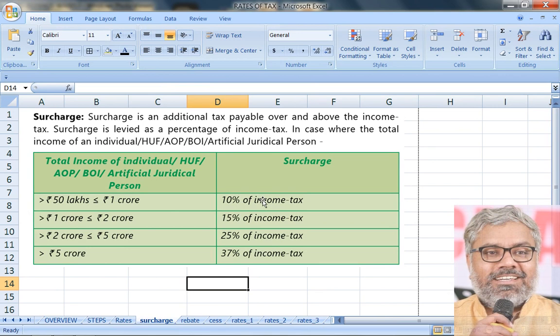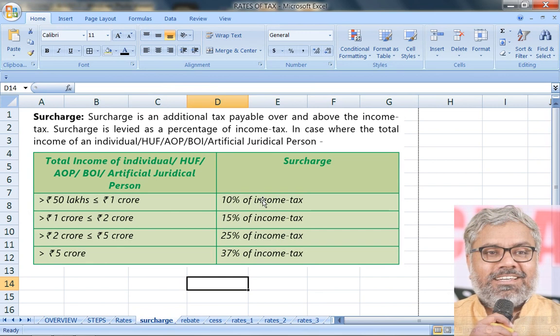This automatically means that if any SSE has an income of less than 50 lakhs, even exactly 50 lakhs, there is no surcharge. So surcharge starts when the income exceeds 50 lakhs but does not exceed 1 crore. Then the surcharge rate is 10%.